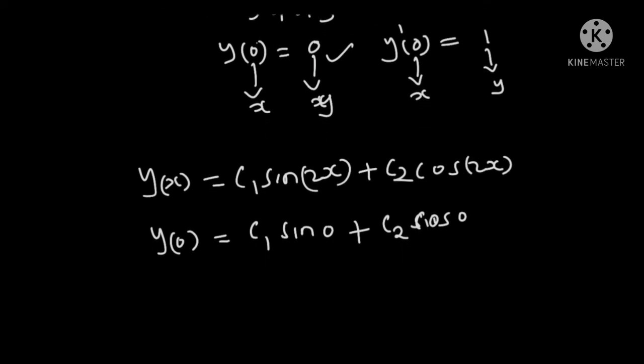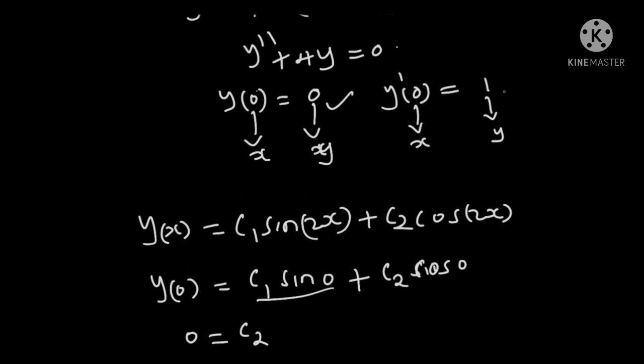Now, we know that sine of 0 is 0. Therefore, this term will reduce to 0, and cosine of 0 is 1. So we have c2 equals 0.